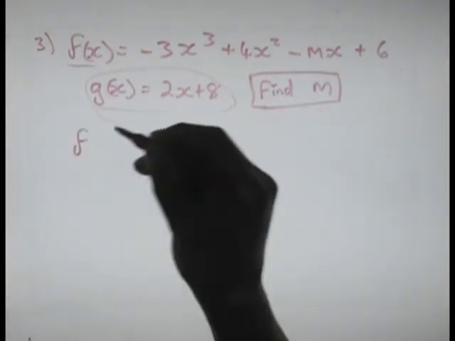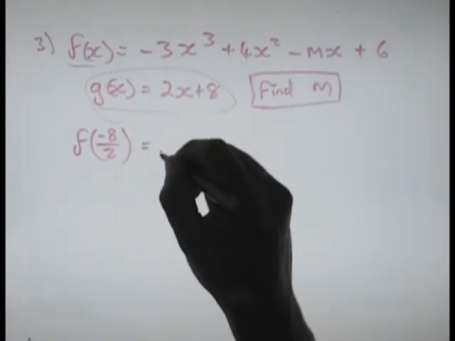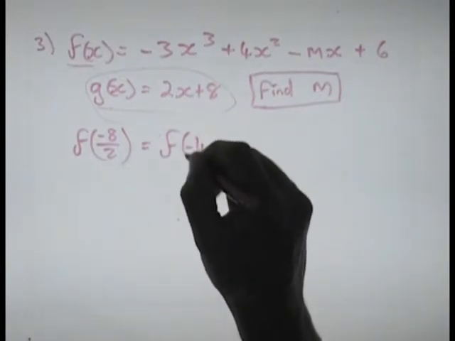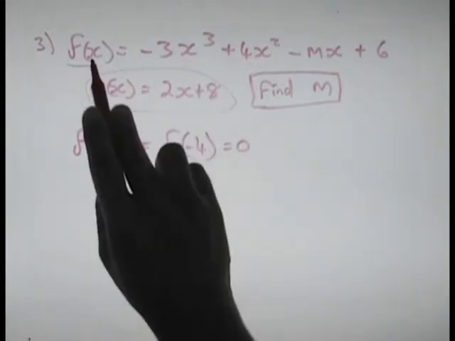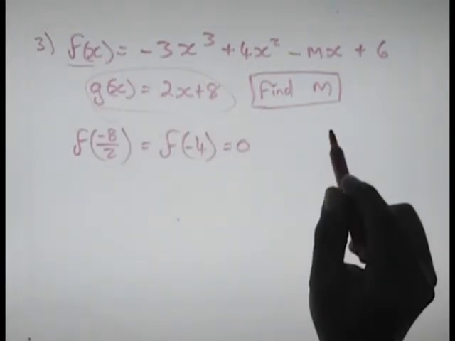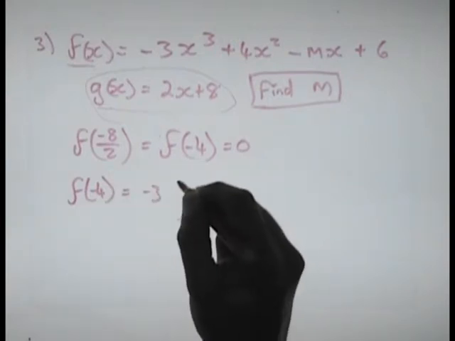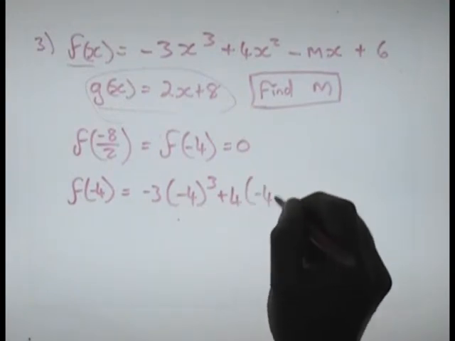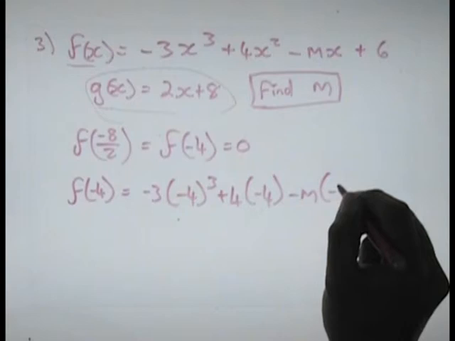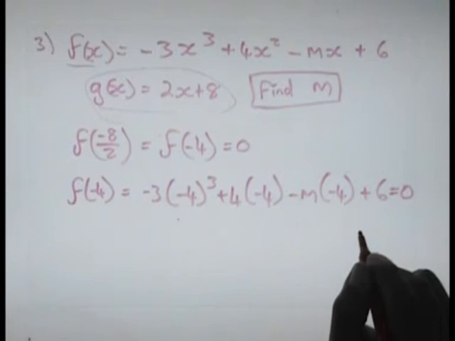That means that f of minus 8 over 2, which is the same as f of minus 4, has to be equal to 0, because that is divisible into that. That means that f of minus 4 is equal to minus 3 times minus 4 cubed plus 4 times minus 4 squared minus m times minus 4 plus 6. That has to be equal to 0.